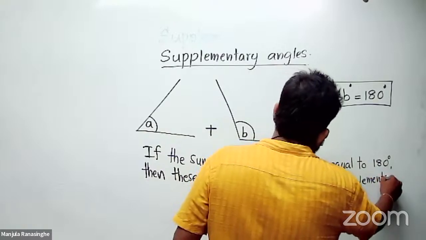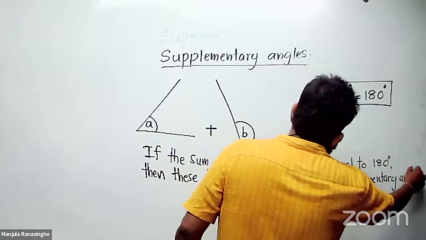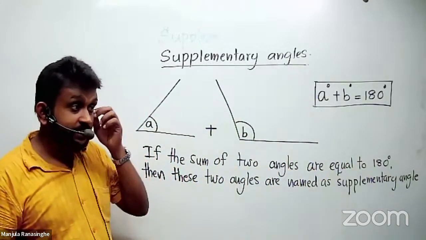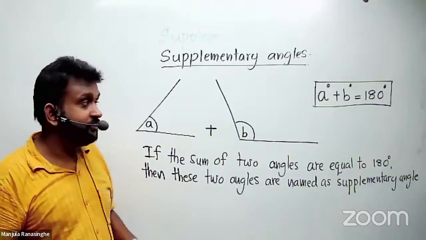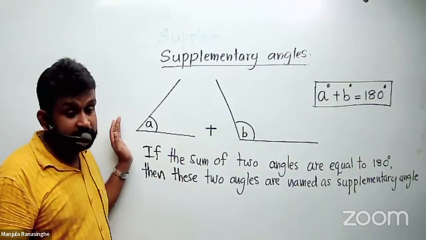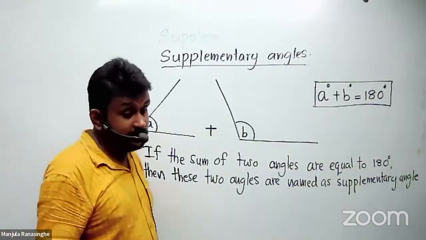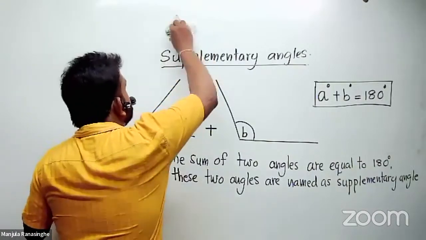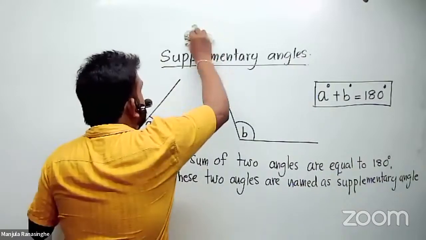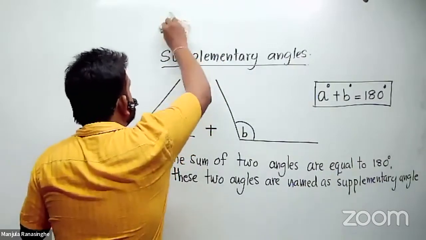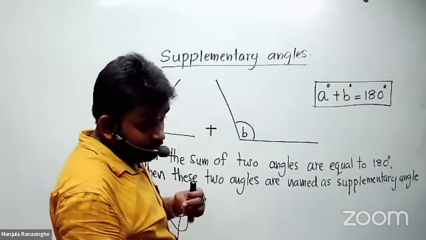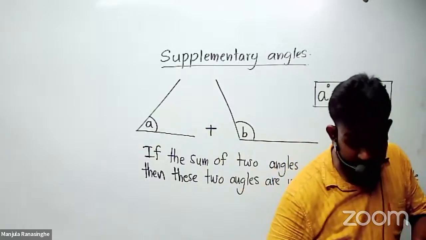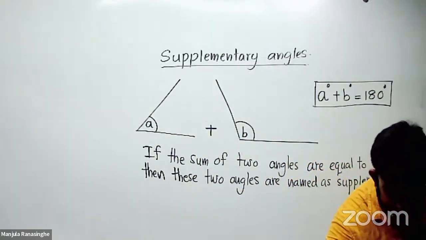The sum of two angles shall equal 180 degrees. If that is so, only then can we say that these are supplementary angles. Draw this and write down. Complementary means the addition becomes 90 degree. Supplementary means they become 180 degree. Write down and draw everything as per the sketch.